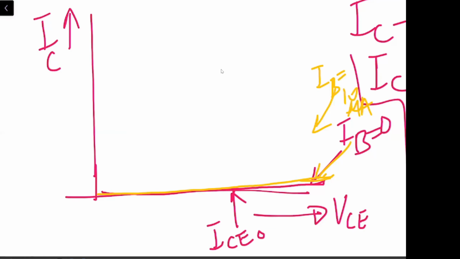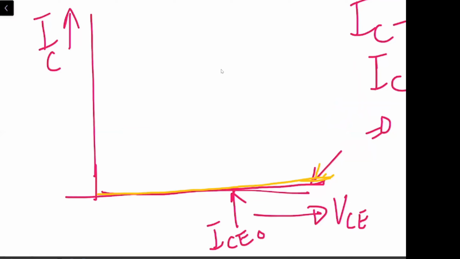Let me just rewrite. So over here, IB was equal to 0.